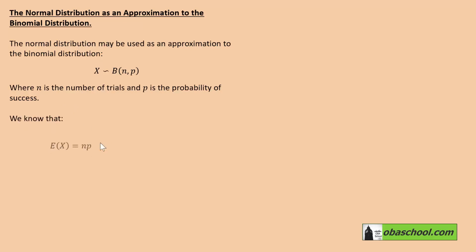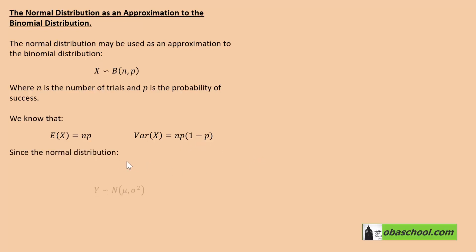We know that the expectation of x, or the mean, is just n times p, and the variance of x is n times p times 1 minus p, which some people refer to as q.